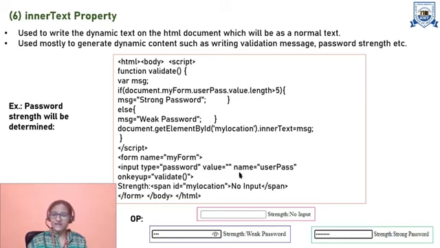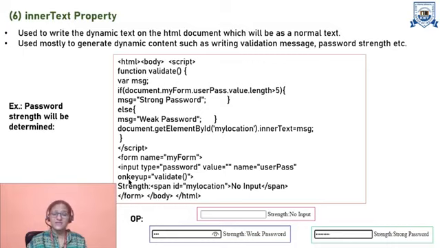Its name, every element we have to provide ID or a name. So we have provided the name user pass, and on key up, as soon as we release the key means we have stopped. We are not writing more than that. So as soon as we release the key, which indicates that you have done your work, in that case a validate function will be called to assure have you done the correct or not.